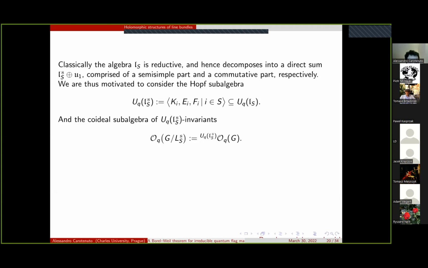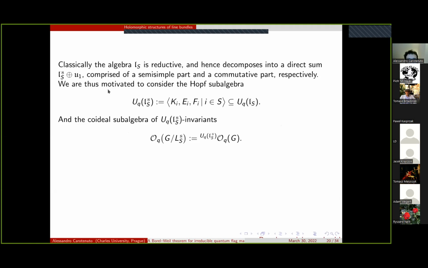How do we do it? We have to introduce another object, which is the quantum Poisson homogeneous space. So remember that the Levi subalgebra L_S classically is reductive, and it decomposes into a semisimple part plus an abelian part. Sorry, a commutative part.